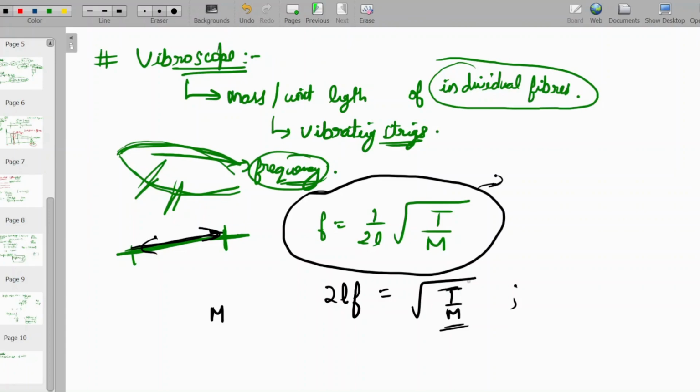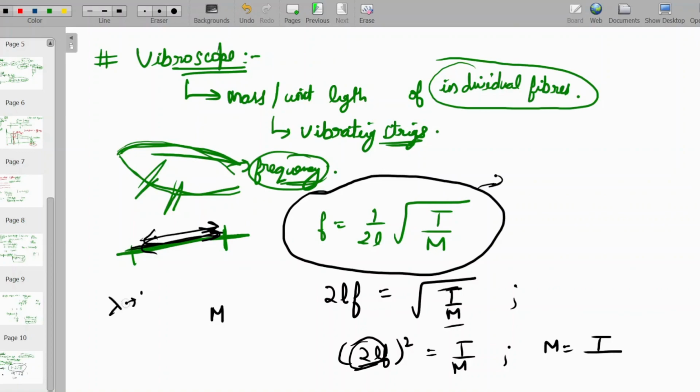Since we have to find mass, we have to square both sides: 4 L square f square is equal to T upon m. Lambda is the wavelength, the distance between two waves, so lambda is equal to 2L. So in place of 2L, we can write lambda.